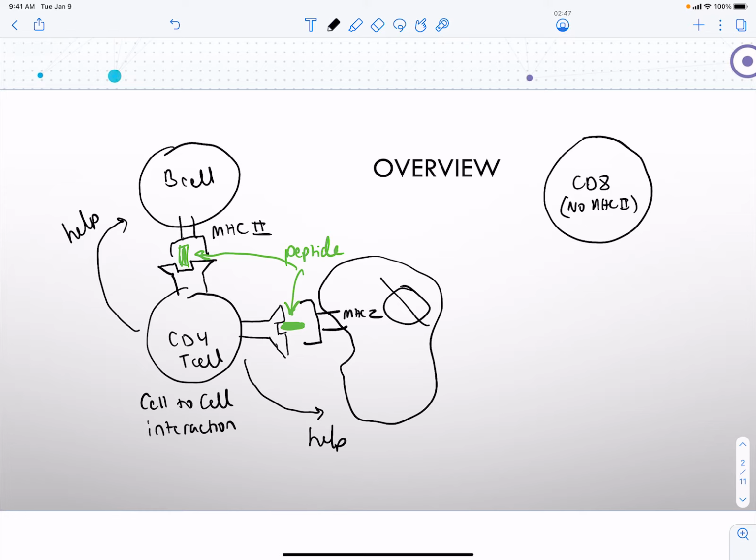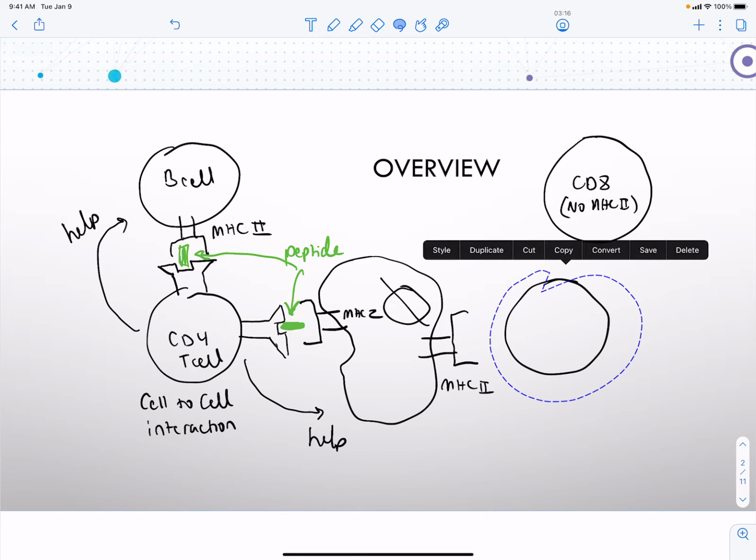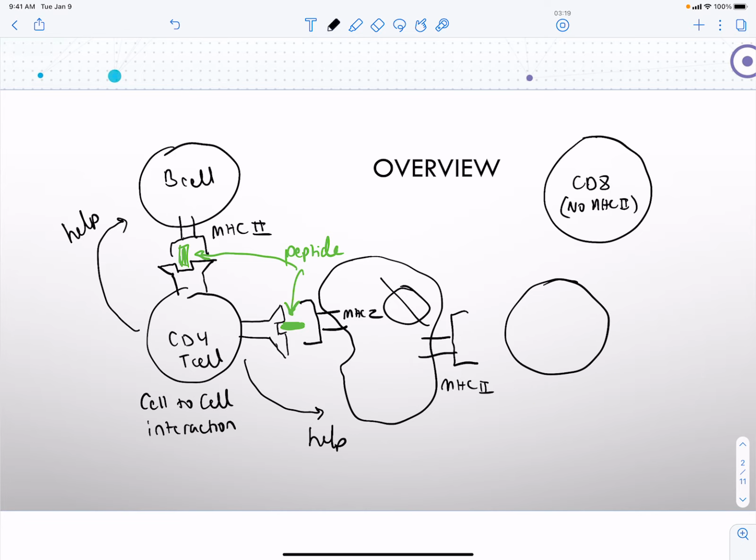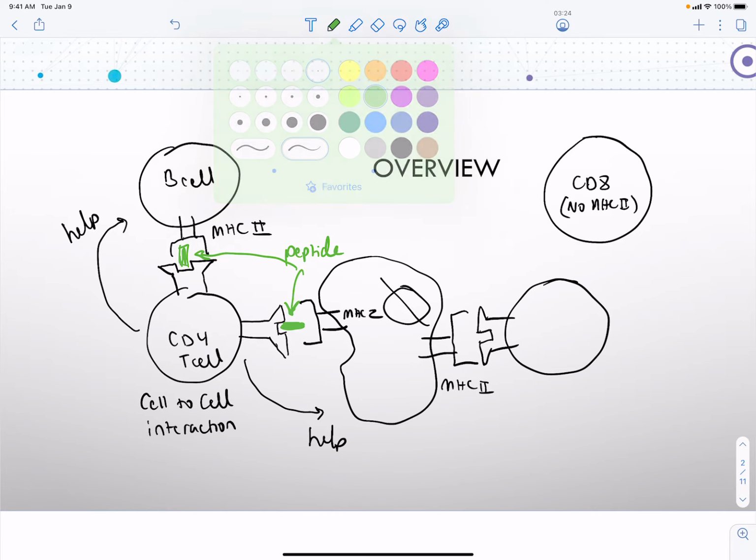Now a CD8 T cell over here again cannot express MHC class II, so the CD4 T cell cannot interact directly with the macrophage. But what a CD4 T cell can do for your CD8 T cell is, we'll draw it on this side. We'll have the MHC2. We'll have our CD4 T cell, and it's interacting with this MHC2, with that green peptide again.